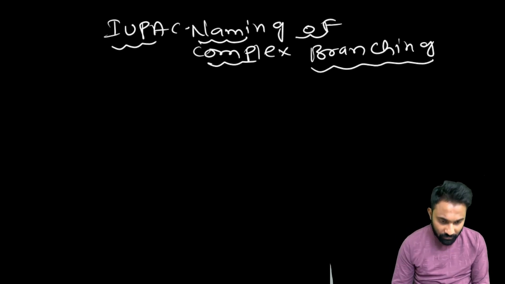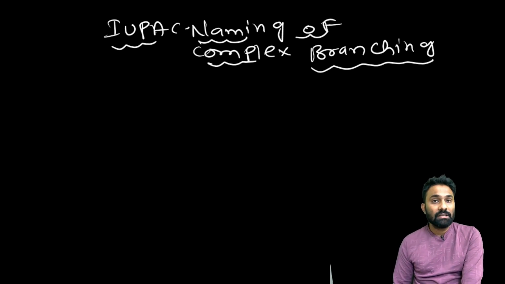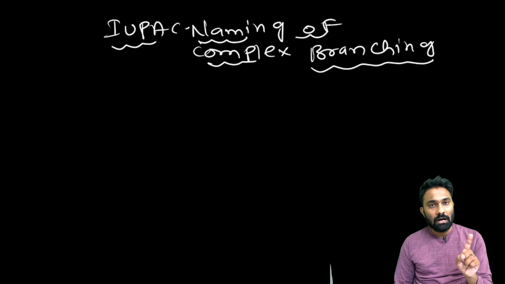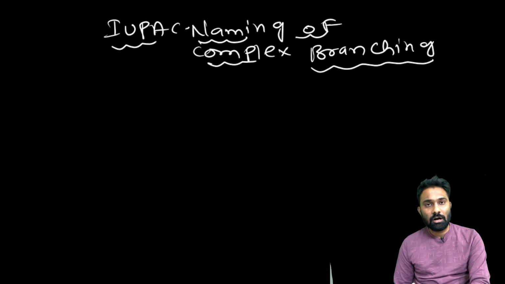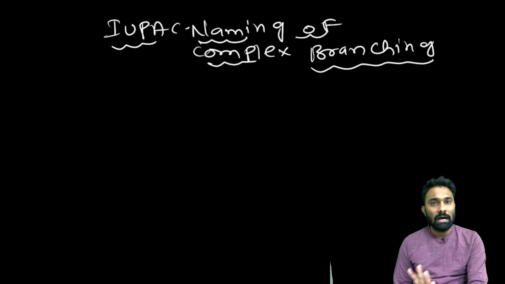For that complex branching, we have the IUPAC name as well as the common name. Both will be accepted by IUPAC. Clear?